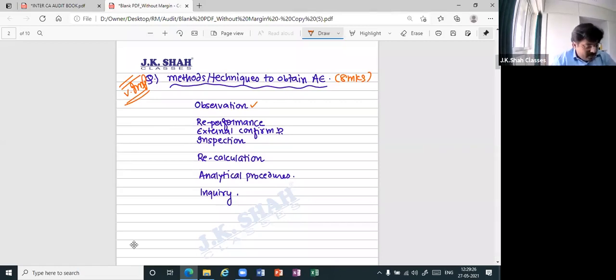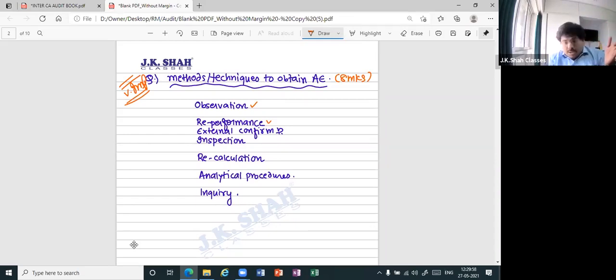Now do you understand? Okay, come on. Next one, reperformance. As the name suggests, reperformance. Can I say the auditor is again performing something which is already performed by the management? Correct. First it may be done by the management, but now who is again doing? Auditor. Why? Because he wants information. I'll give you a simple example. Say the auditor told the management, tell me, how is your ICS? Management is telling, "Arey, auditor, our ICS is best in the world."